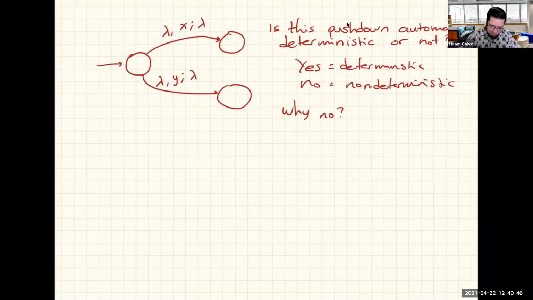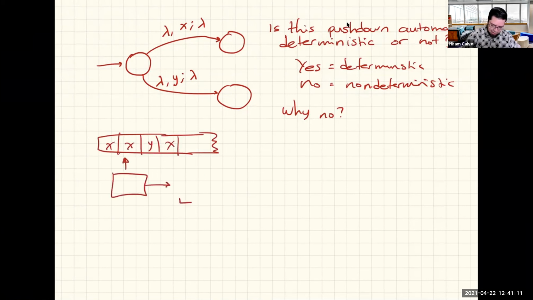Okay, maybe you are shy, so I will try to read your minds. You are thinking that because of this lambda, you are not taking into account the input string, right? So you could have something like, here you have the input string and you have x, x, y, x, right? And of course there's the machine here and the stack says x, x, y.